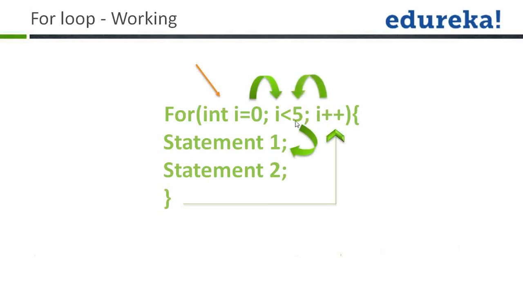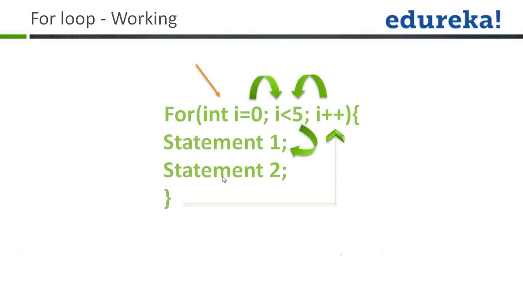After checking the condition, if it finds it true, it will move inside and again execute the statements right here. Then it will increment the value of i. It will become 2. Again check the condition like that. It goes to 3, then 4. And when the value of i becomes 5, it will check the condition. That time 5 is not less than 5. It will get out of the for loop.